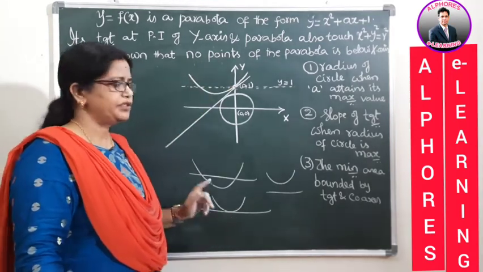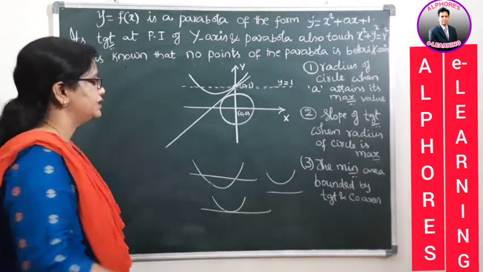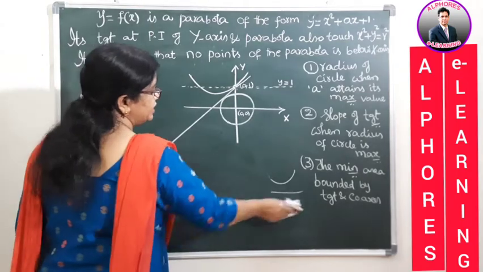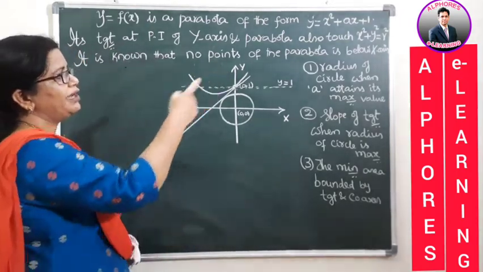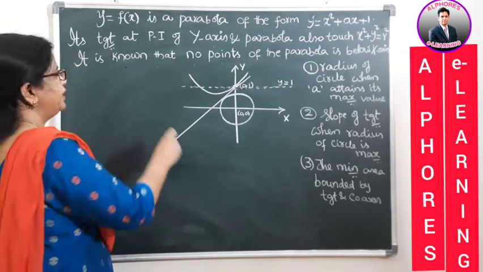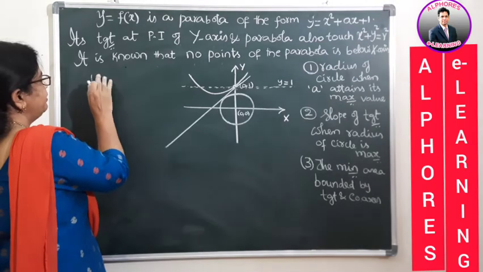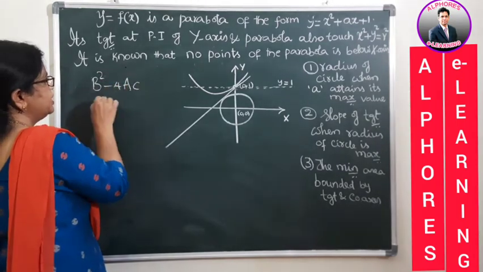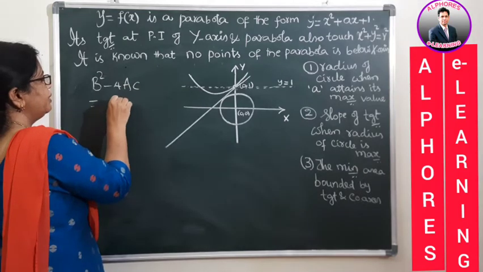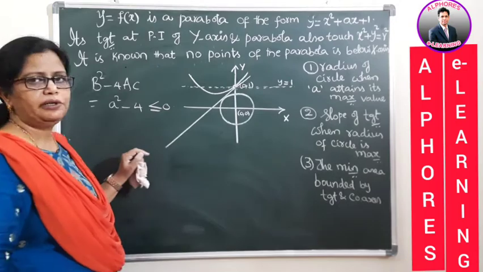So the parabola can be like this or like this, and then we can decide about the discriminant. What is the discriminant for x square plus ax plus 1? The curve is not falling below, so b square minus 4ac, which is a square minus 4, must be less than or equal to 0.